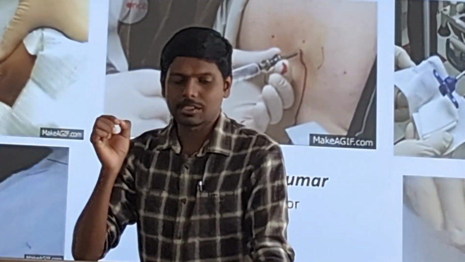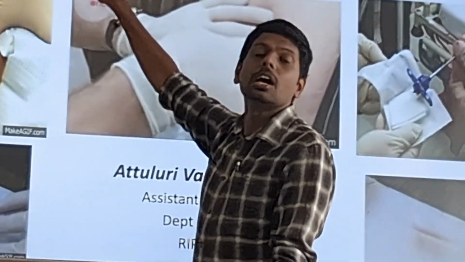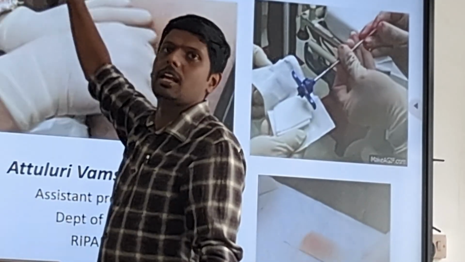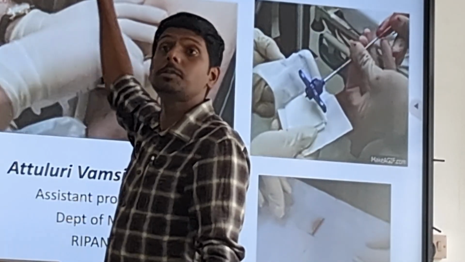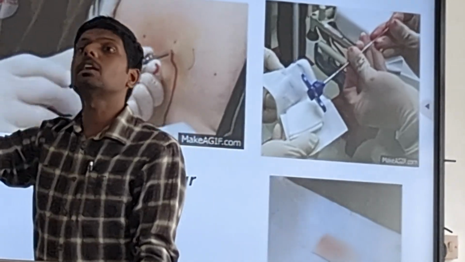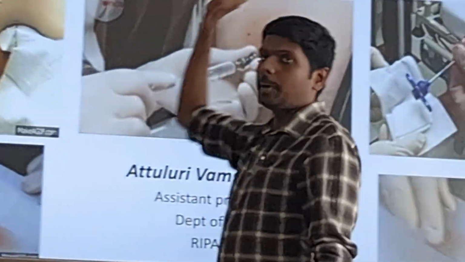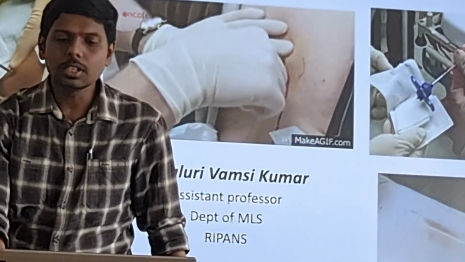In such cases, when there is no fluid, we proceed for biopsy. Biopsy is better than aspiration actually. Biopsy will give the bone marrow architecture also. That is the significance of biopsy that we will see.